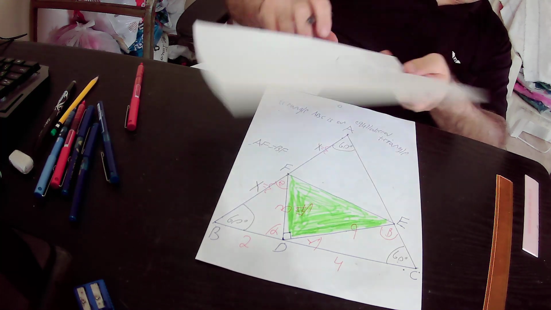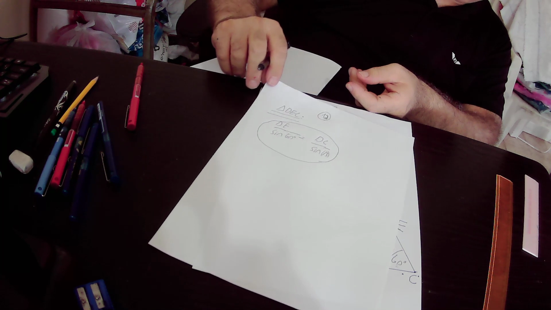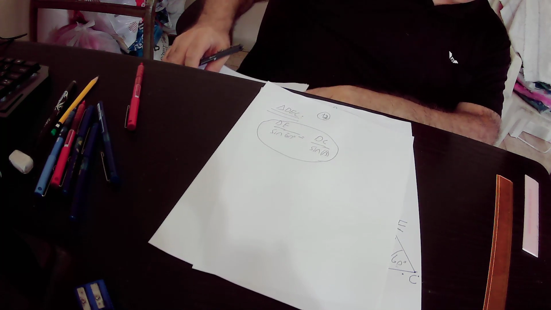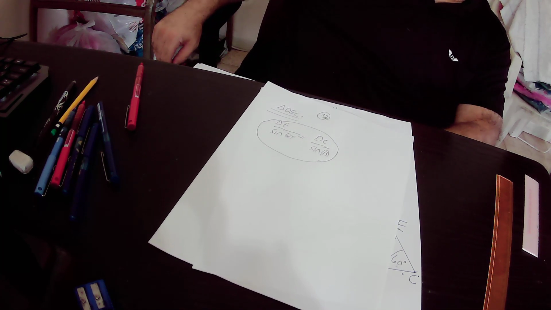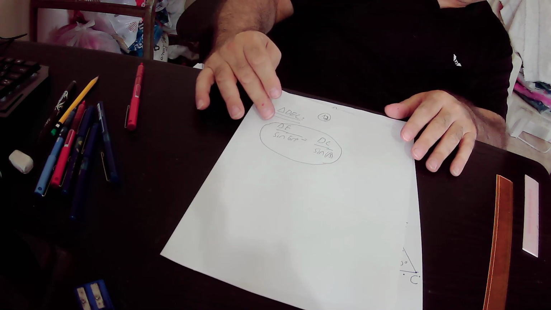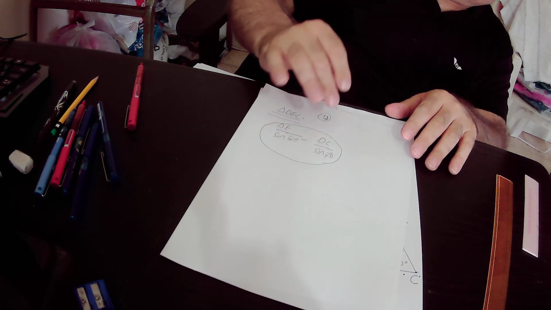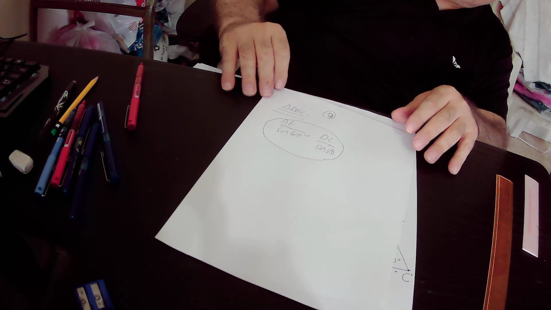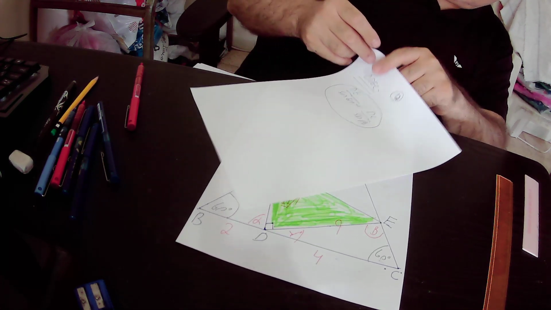Again, according to the law of sines, in triangle DEC, DE over sine 60 degrees equals DC over sine beta. Okay?